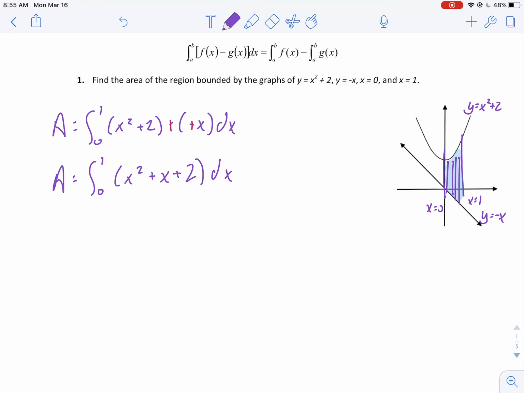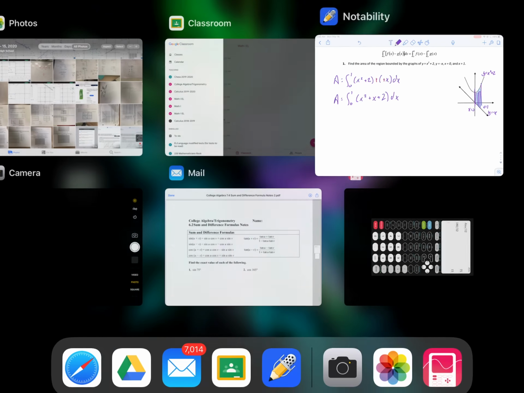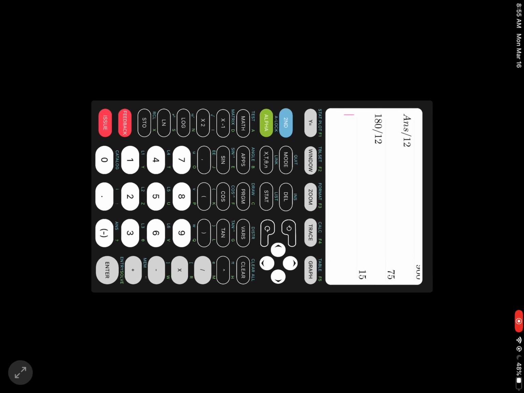Now, we're pretty good at doing the power rule and evaluating these by hand, so now what we can do is simply type this into our calculator and get the answer. If I go to my graphing calculator, math, the ninth function, it's the integral from 0 to 1 of x squared plus x plus 2, and that gives me my answer, 2.8333.